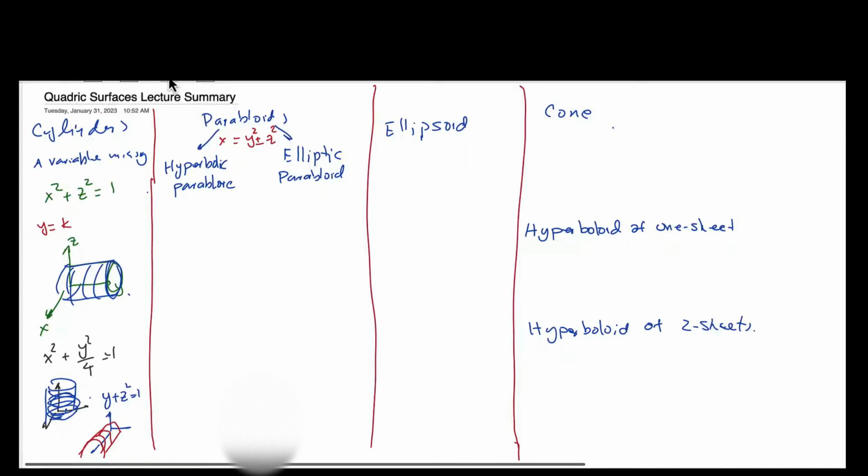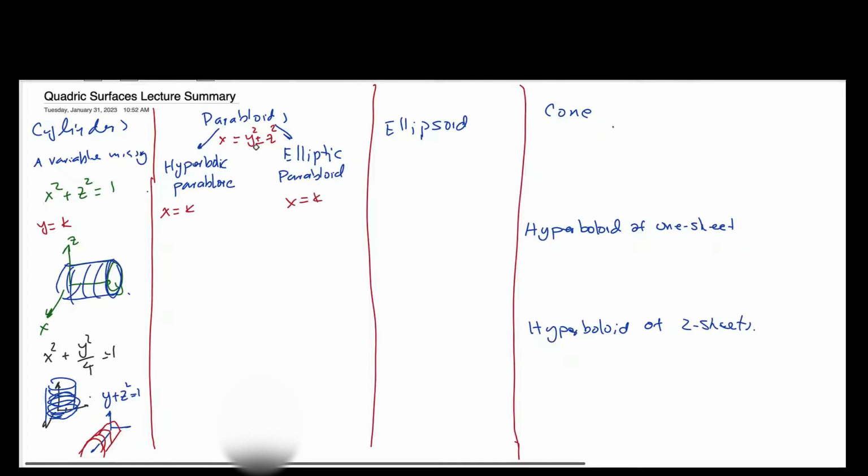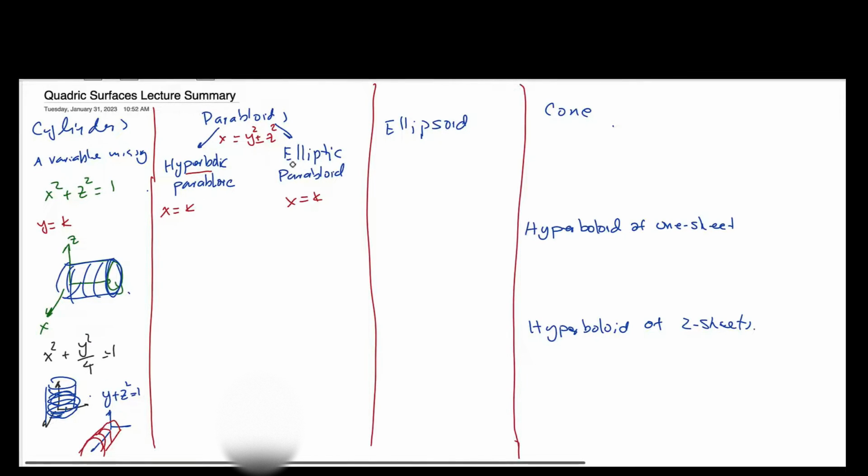If I have the one that is of order 1, if I set that variable equal to a constant, let's say a constant that is not equal to 0, if the two signs match, I see ellipses. If the two signs don't match, I see hyperbolas.